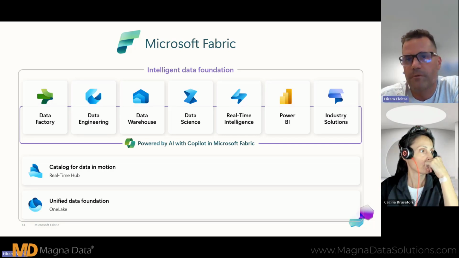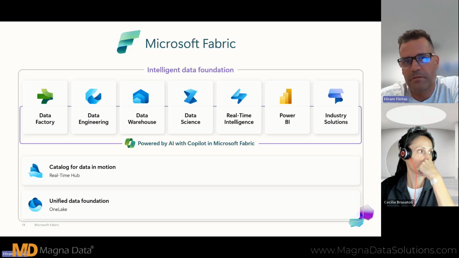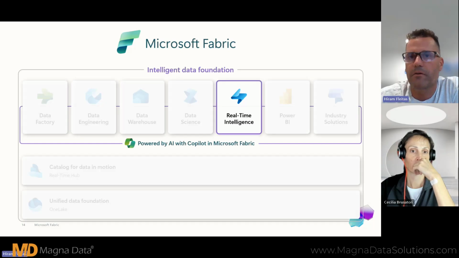Data warehouse for heavy duty joins, like your typical fact dimensions, that you're going billions and billions of tables across and you're doing 10 joins per se. Your typical Data Factory for ETL pipelines, running notebooks for data engineering, and the real-time intelligence features, as well as Power BI or pre-canned industry solutions.